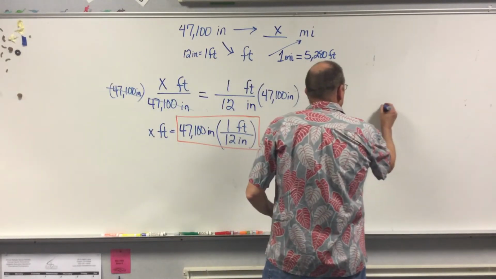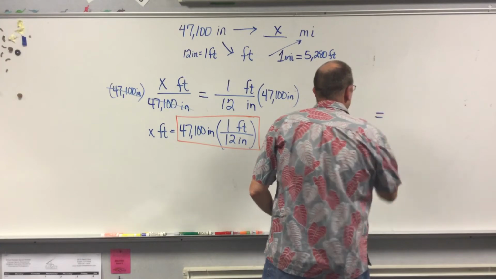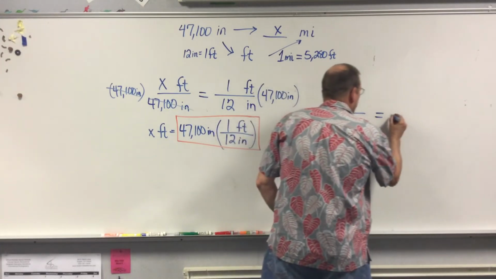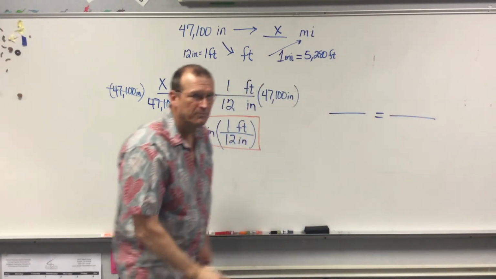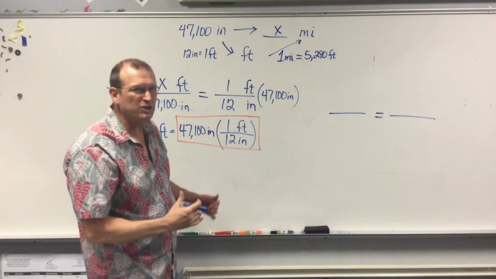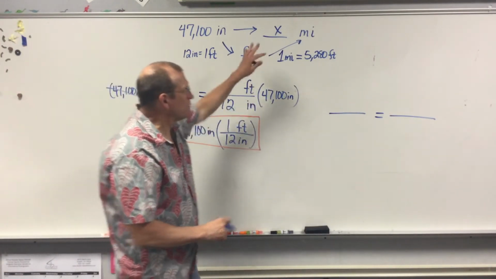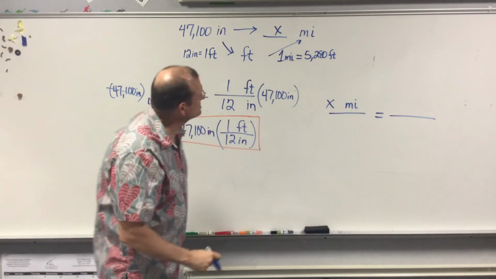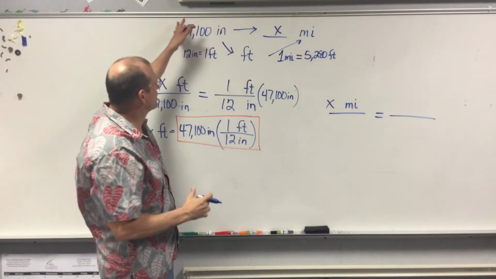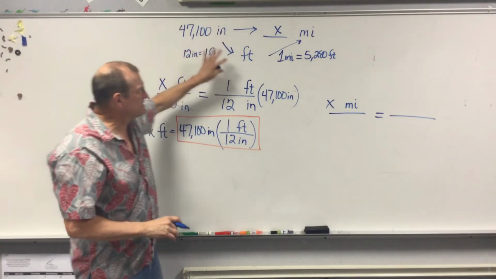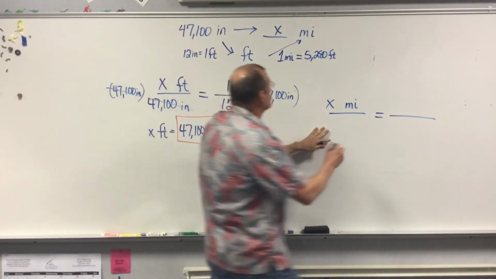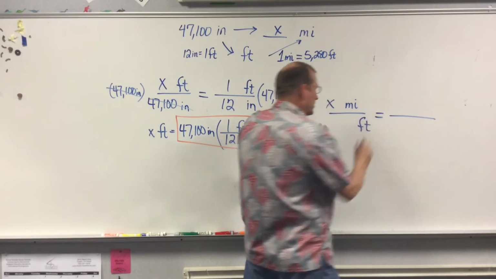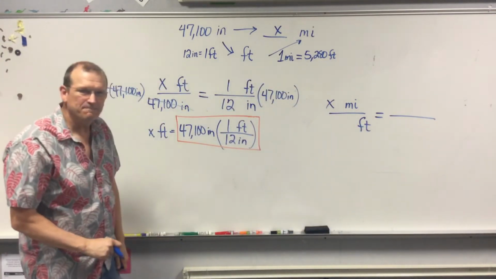Now, if I were to do that, that means I have to set up another ratio for this step. What I really want is to know how many miles there are in what I started with, but the thing that goes here has to be feet.